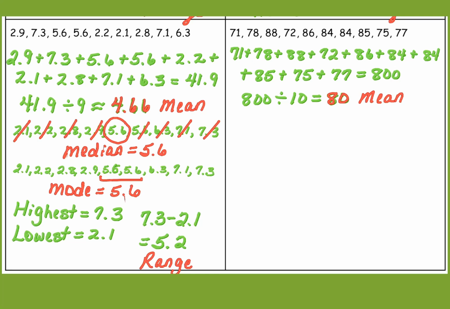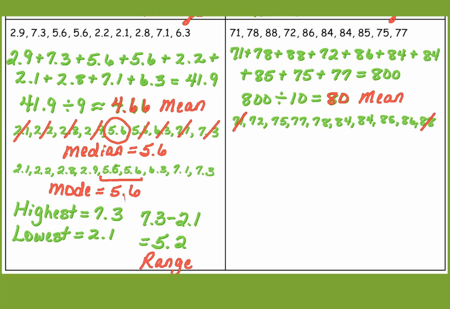Now let's find the median of our problem by putting our numbers in order. Let's start with 71, then 72, then 75, 77, 78, 84, 84 again, 85, 86, and 88.